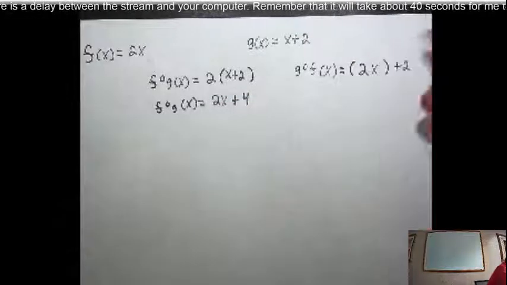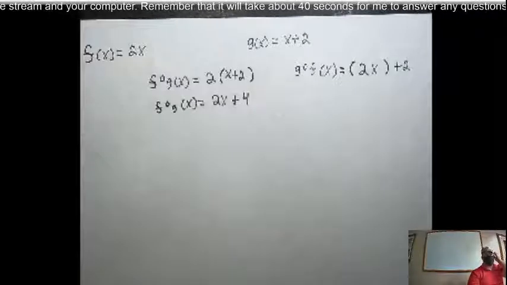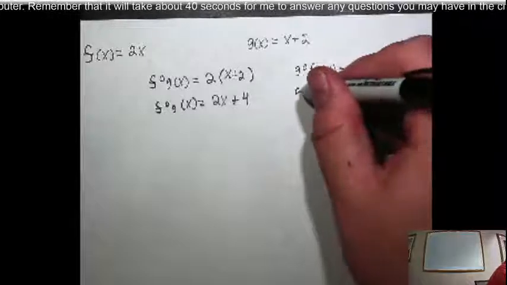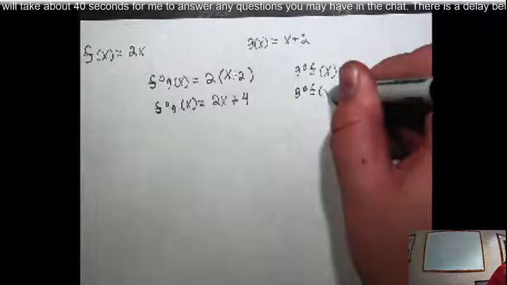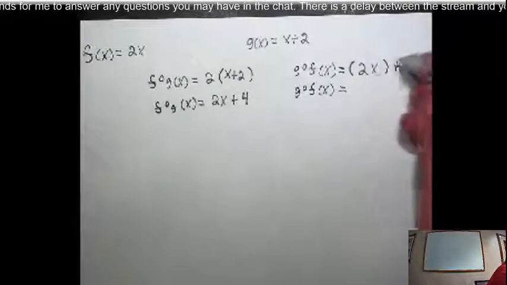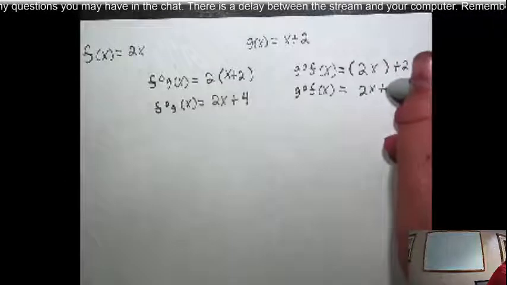So 2x is going to go in there. If we simplify this, this would be g composed of f of x equals, well, we don't really need those parentheses, so just 2x plus 2.